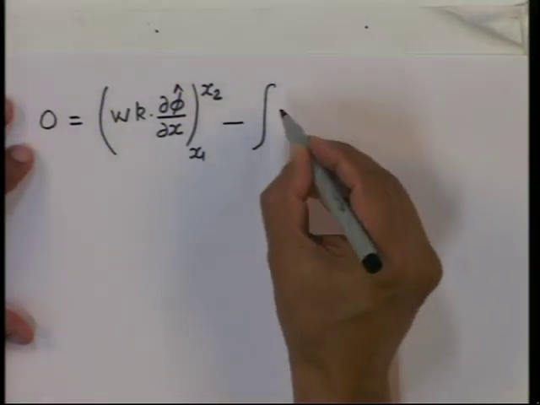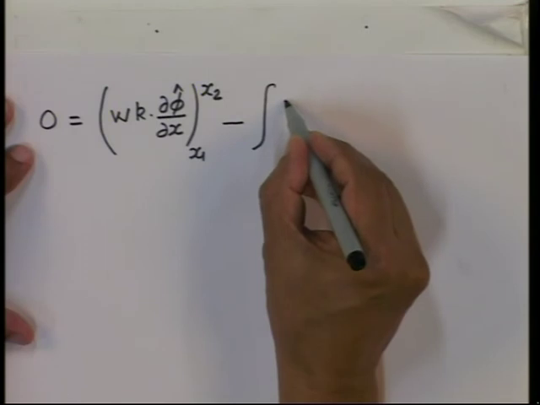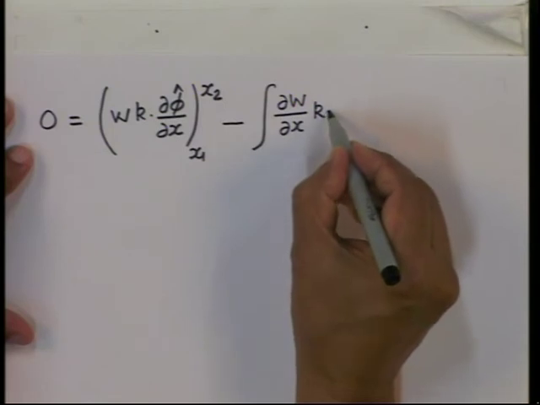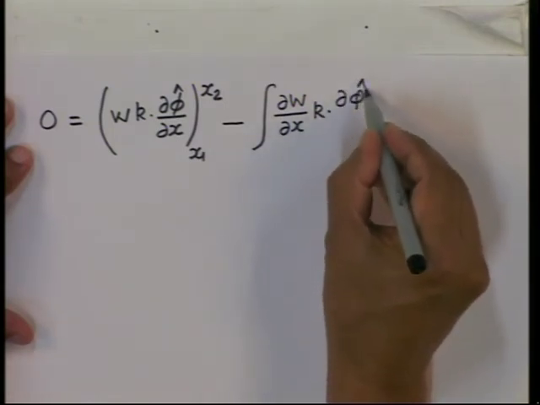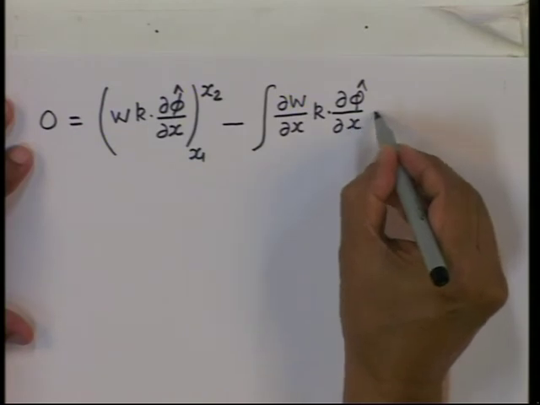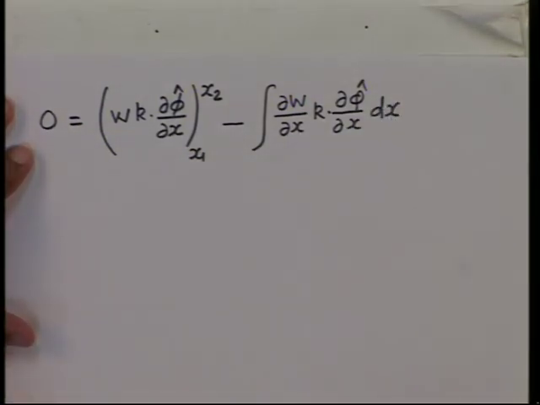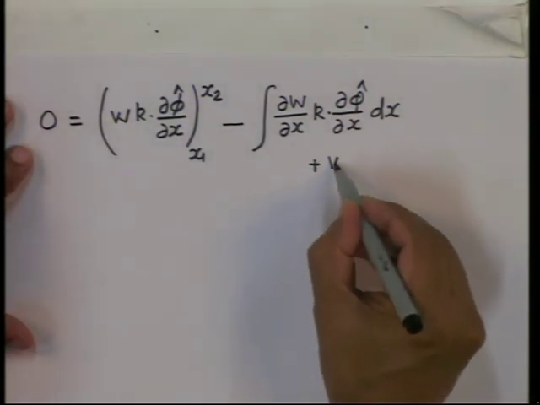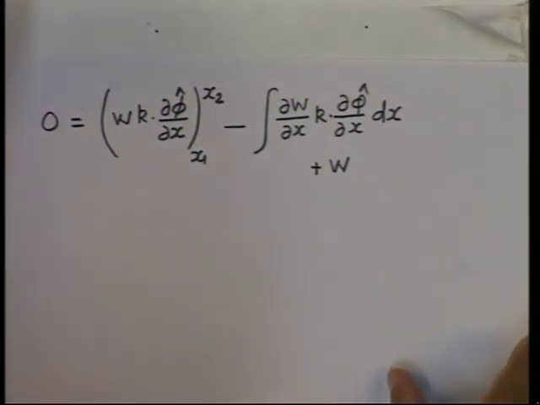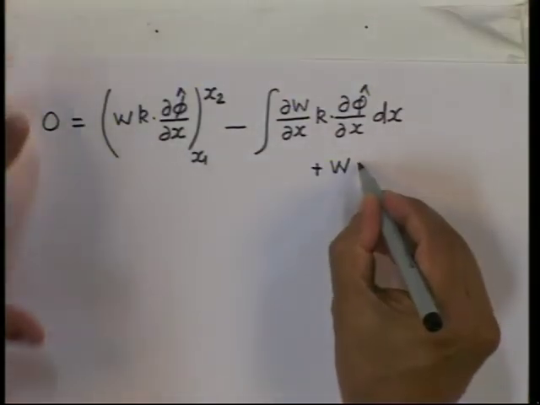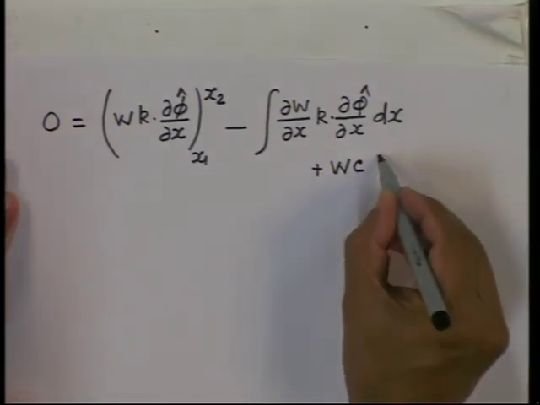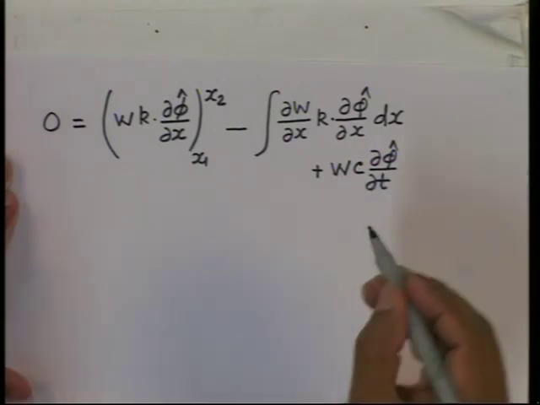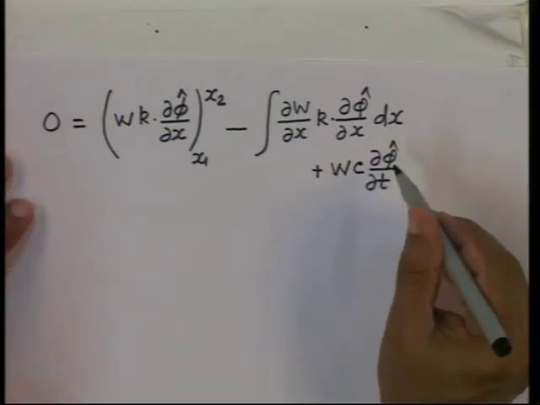So, weak form will be, the first term will be dw by dx k d phi hat by dx plus w times c, this one I am talking of this c, times c del phi hat by del t.